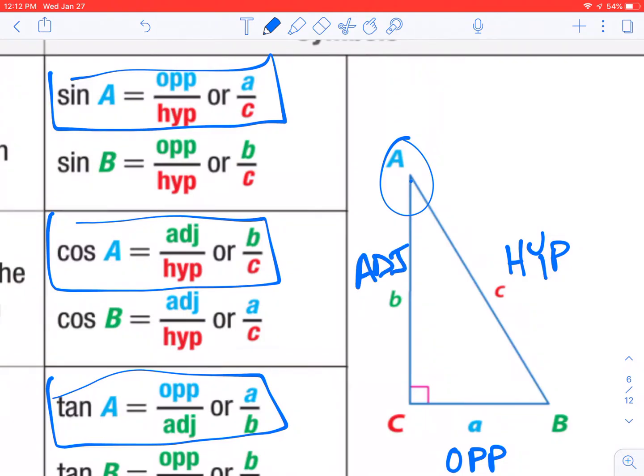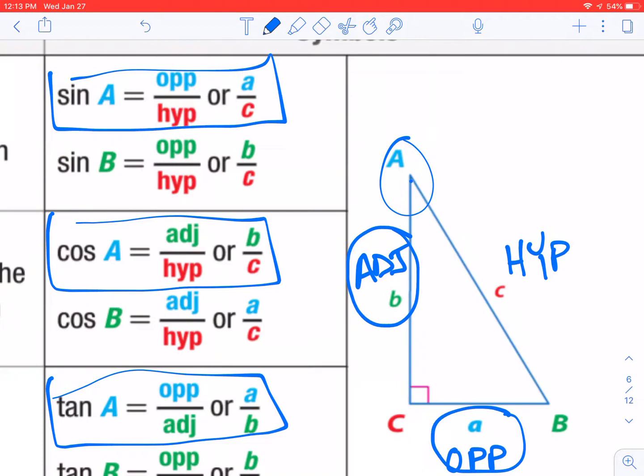We've talked about that. Adjacent means next to. So now if I want to find the cosine of A, I take the adjacent side divided by the hypotenuse to find cosine. Lastly, I have tangent of A. To find the tangent of A, I take the opposite divided by adjacent.